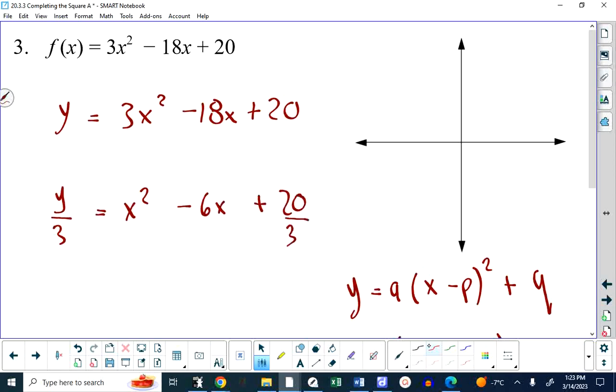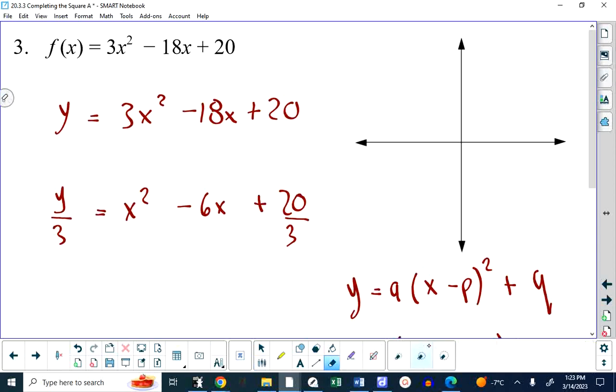Although this will work, one, it's introduced some fractions, and two, I don't want y over 3, I want y. You could certainly do this, and then when you're done over here, multiply by 3 to bring that 3 back over. But you're still dealing with fractions. So this is better, and it will work, but it's not what we're going to do.